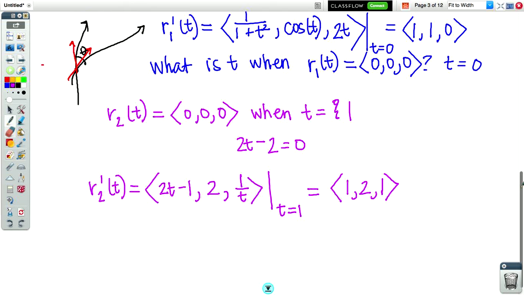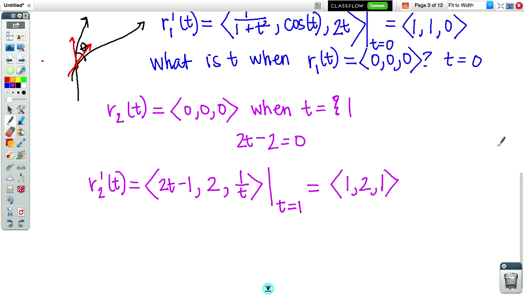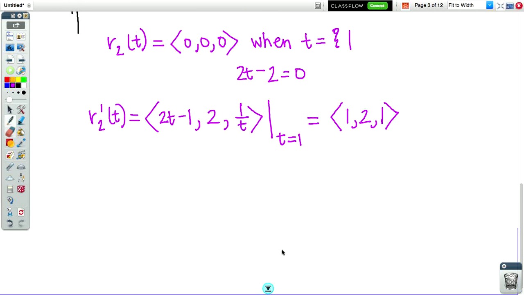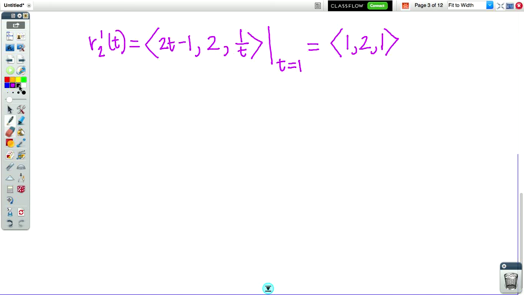I could graph these things in three-dimensional space, but I won't, because I don't really need to do that in order to find the value of the angle between these vectors. So remember from last time, if I want to find the angle between the vectors, I can use the dot product.